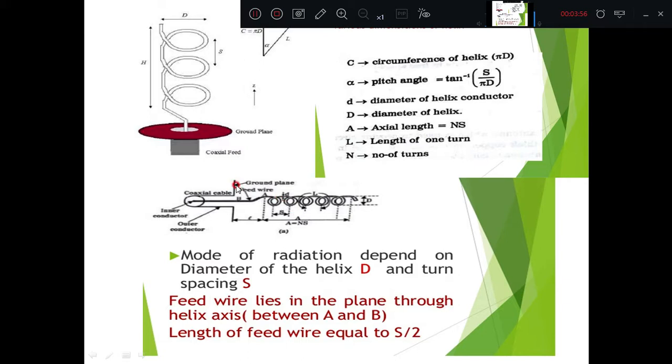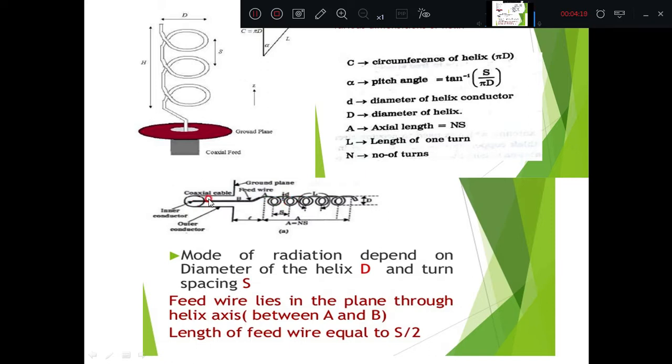Here you can see the structure of the helical antenna or helix antenna. This is a ground plane, and this is a straight feed wire, which is meant to have helix shape curves. You can consider these as turns, right?